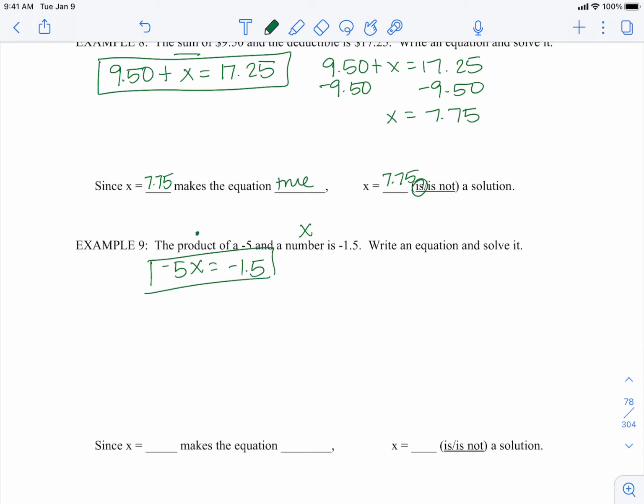So that's our equation. I'm going to copy it over here. We divide by -5 to solve. And I get X is equal to 0.3. So since x equals 0.3 makes the equation true, x equals 0.3 is a solution.